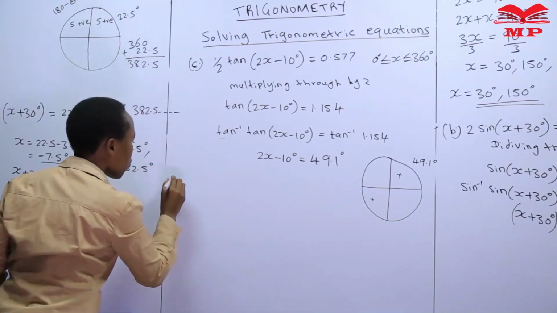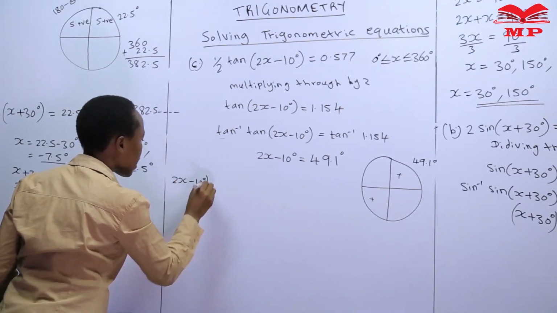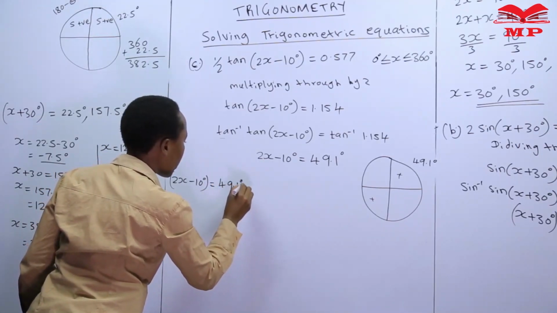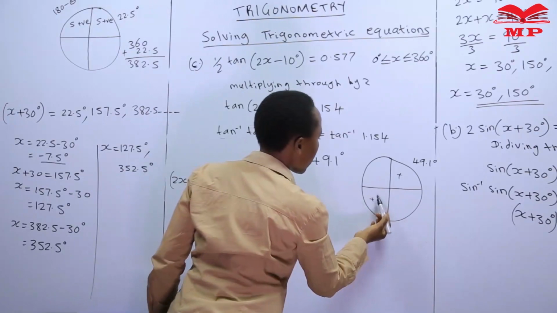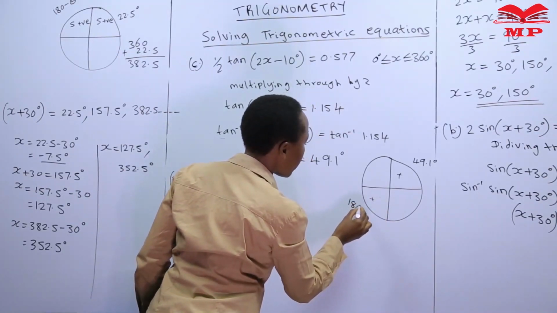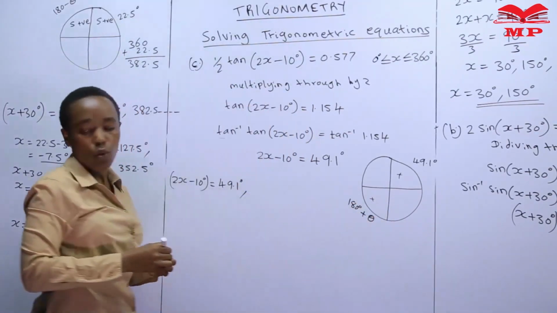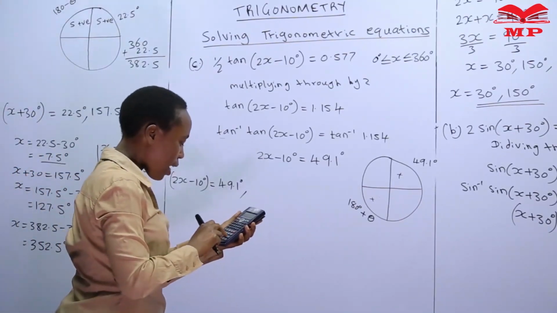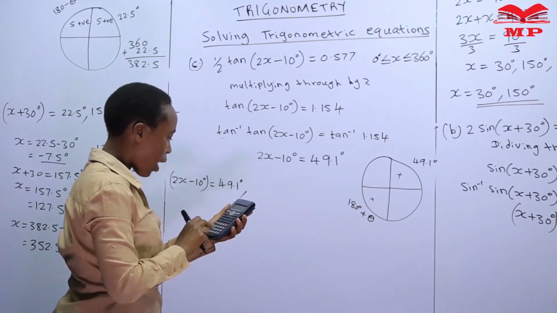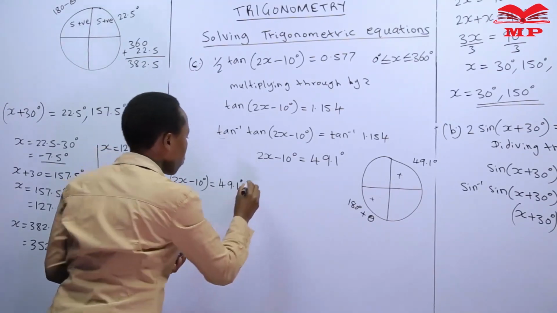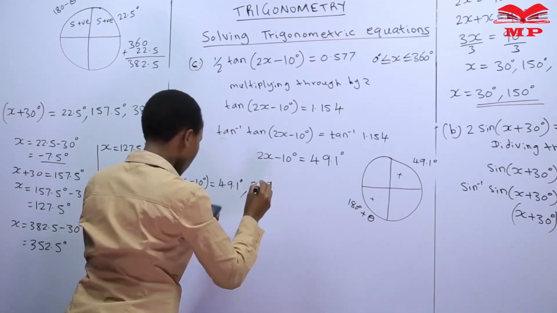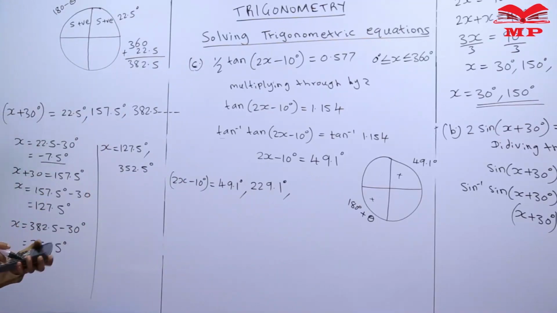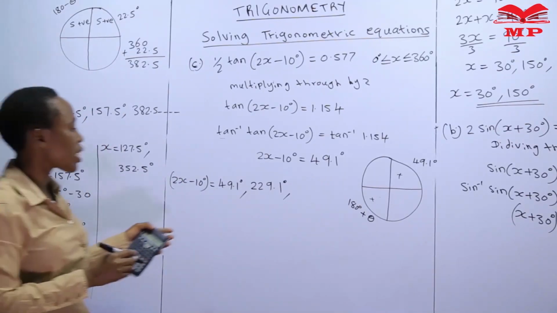So 2x minus 10 degrees will be equal to 49.1 degrees. Then in this quadrant, which is 180 degrees plus theta, we have 180 plus 49.1, which is 229.1 degrees. We can still move on because our limit is up to 360 degrees.